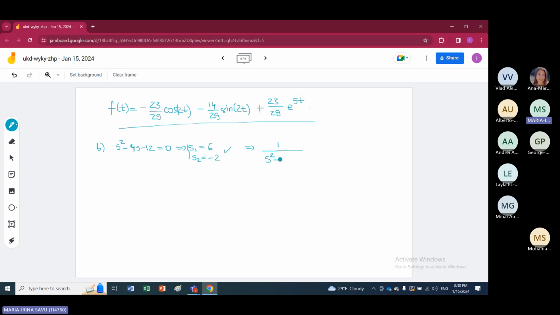So f of s over square was a over s minus 6 plus b over s plus 2. Okay, you multiply this one by s minus 6 times s plus 2 because actually this is the denominator.